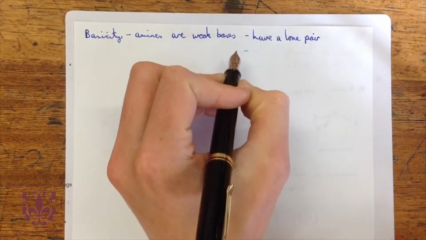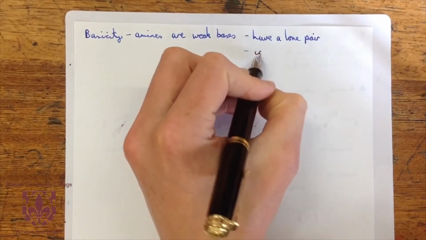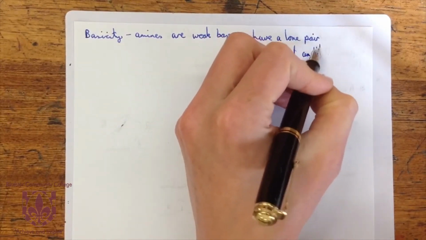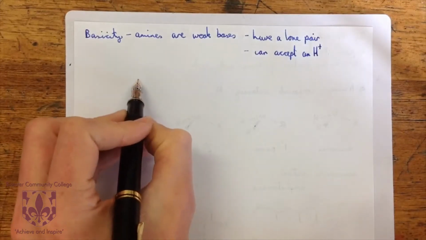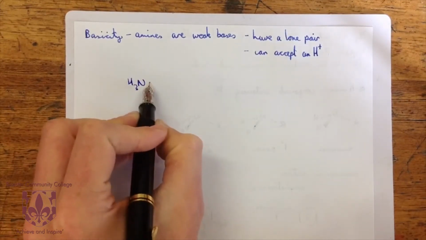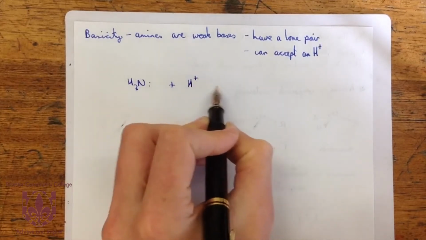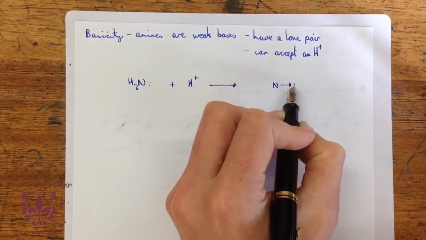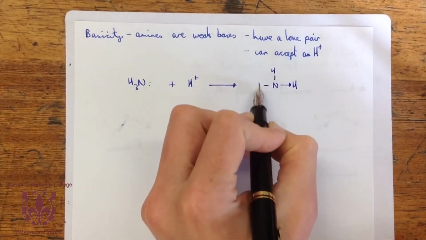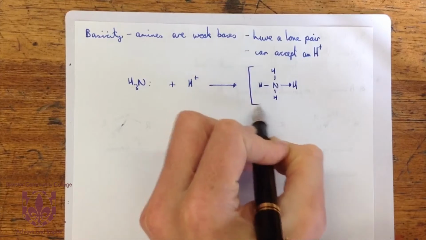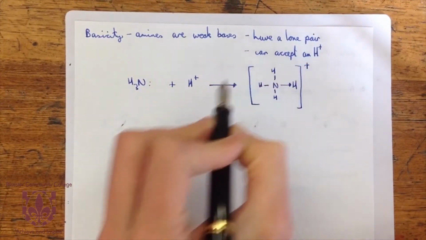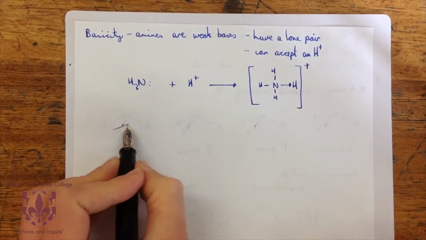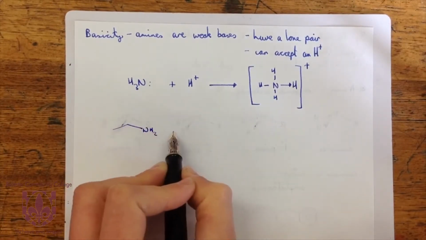On the nitrogen there's a lone pair, and they can accept an H+. So for instance, if we take ammonia, a simple example, add H+, and then we form a dative covalent bond, and we form our NH4 plus ion.